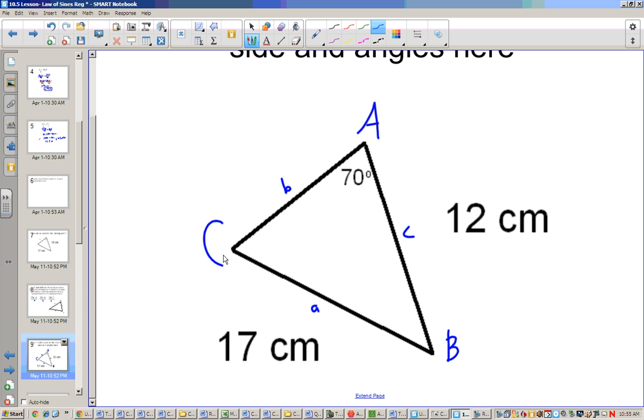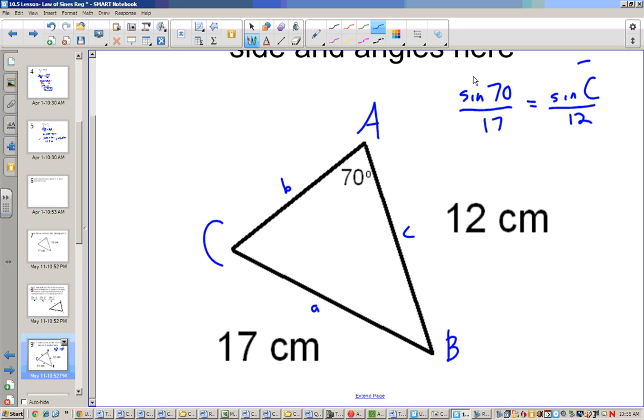Now, if I want to set up my law of sines, you look for an angle and the side opposite. We have a 70 and the side opposite is 17. So I can write the sine of 70 degrees over 17 is going to equal angle C. So the sine of angle C over the side opposite of that, which is 12.